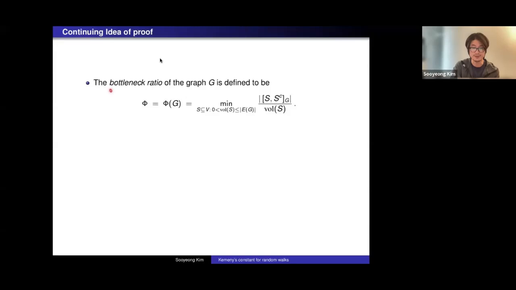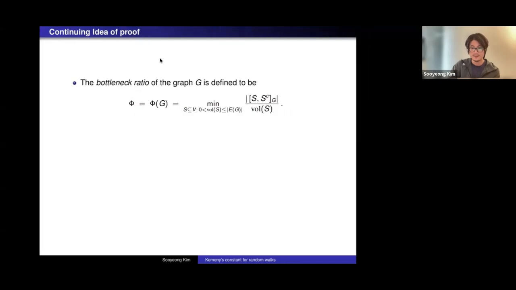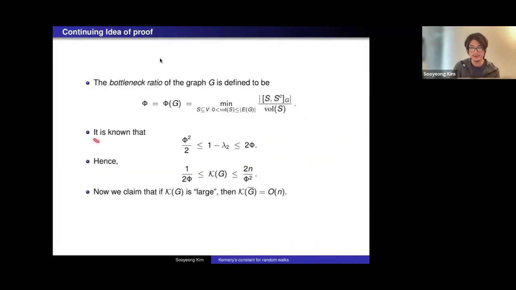The bottleneck ratio is defined as phi, which is the minimum under this constraint of this over this. For this ratio, it is well known in Markov chain theory that the second largest eigenvalue is bounded below and above by this. So we have this expression.